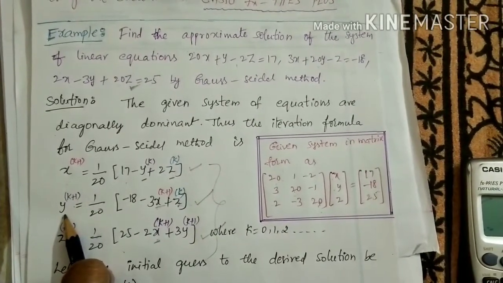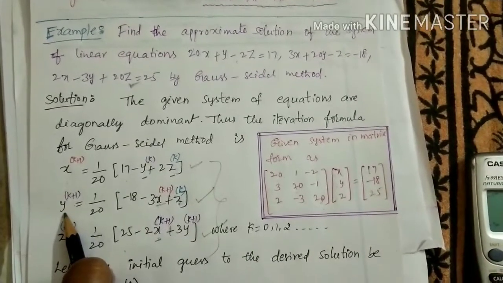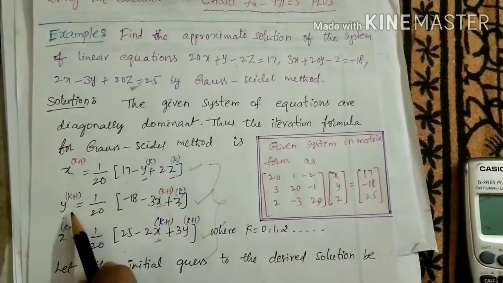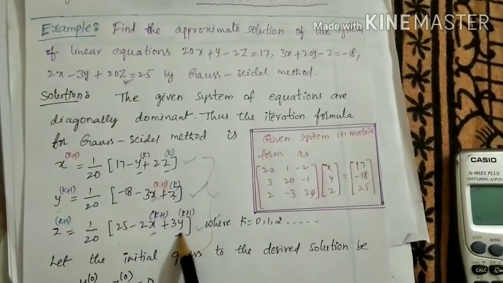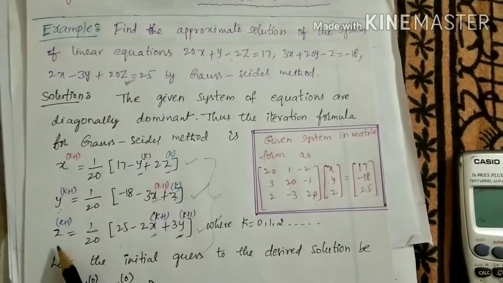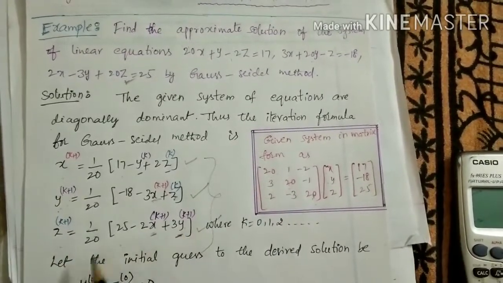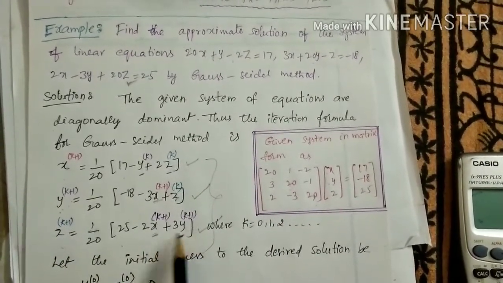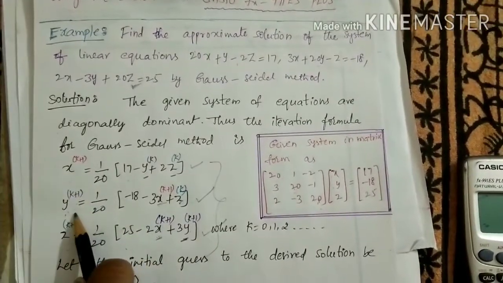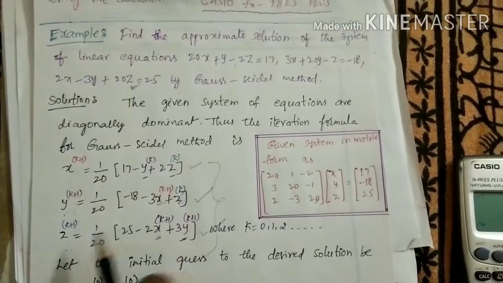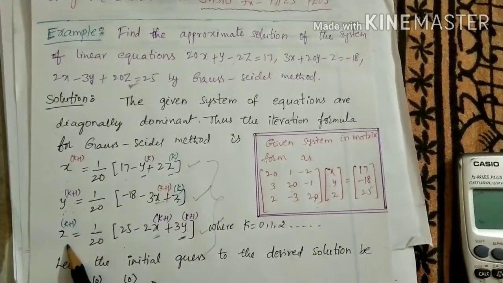After getting this improved value, in the next equation we can see x and y on the RHS part. For both the variables improved values are available. They can be substituted here to get the improved value of z.